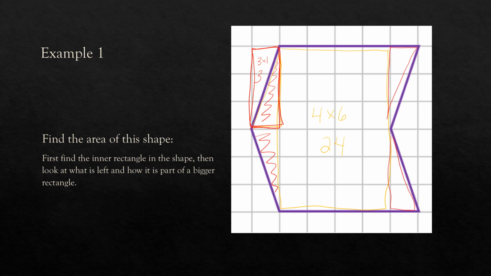We have 2 halves of this bigger rectangle, so we could say this bigger rectangle is 3. So we now have 24 plus 3 on one side and 3 on the other, for a total of 30 units squared. Since I don't know whether this length of the grids are an inch or a centimeter, I just call it a unit, and it's unit squared because this is 1 square unit.